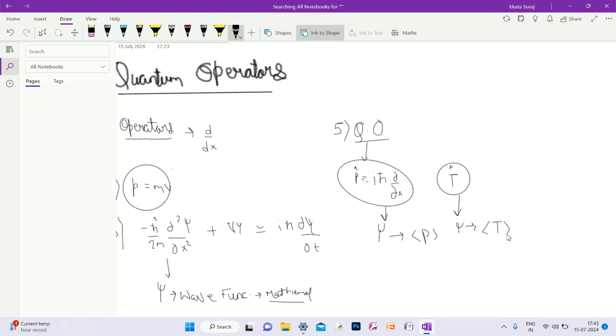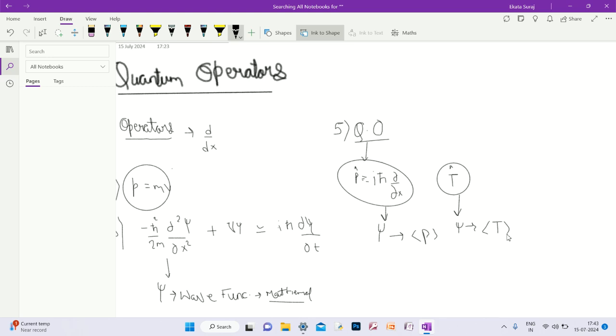In quantum mechanics, you generally do not directly know the momentum or any of the physical quantities as you do in classical mechanics. What you have to do is that in quantum mechanics there exist special operators for every quantity. Like for knowing momentum, there exists a momentum operator. For example, to know about the kinetic energy, there exists a kinetic energy operator, and different types of operators exist, such as the position operator.